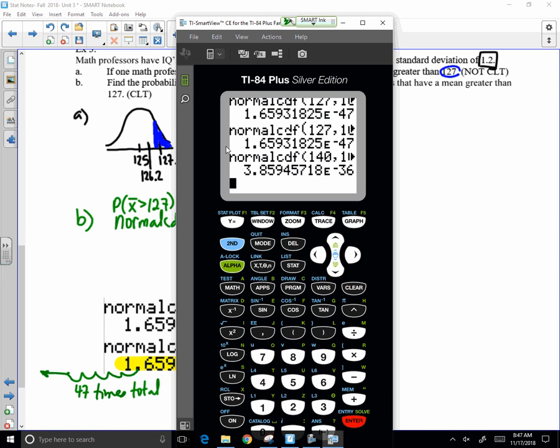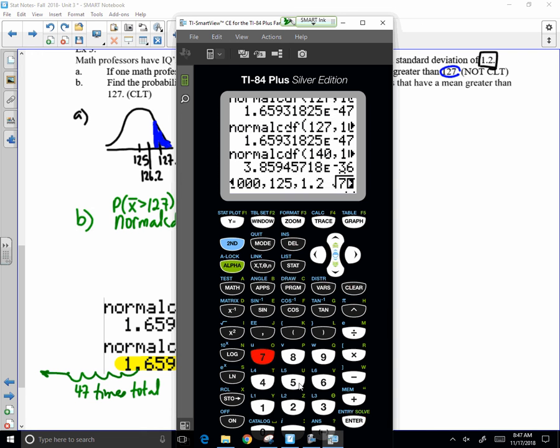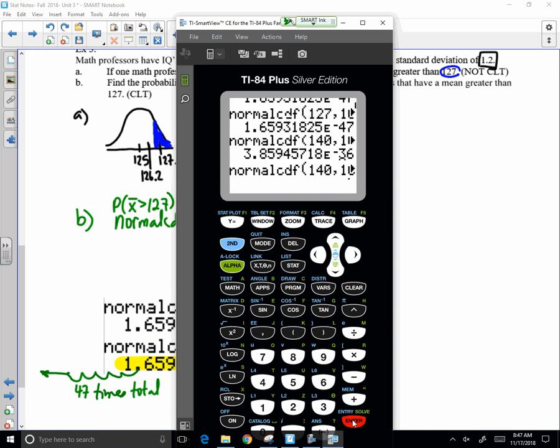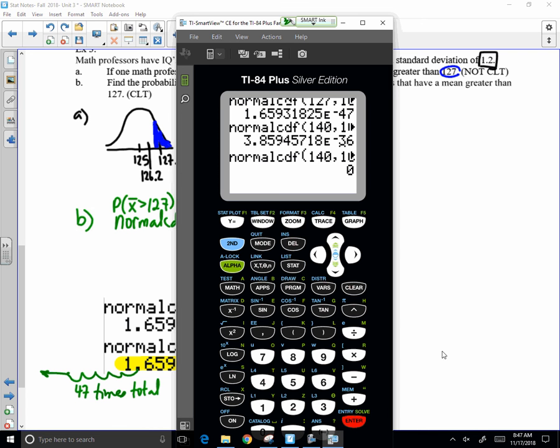So then, I don't even want to write that. It's going to be in the same neighborhood as this, but imagine trying to take that and get a group of 75 people that we would all consider to be geniuses. The calculator is saying, nope, not going to happen.